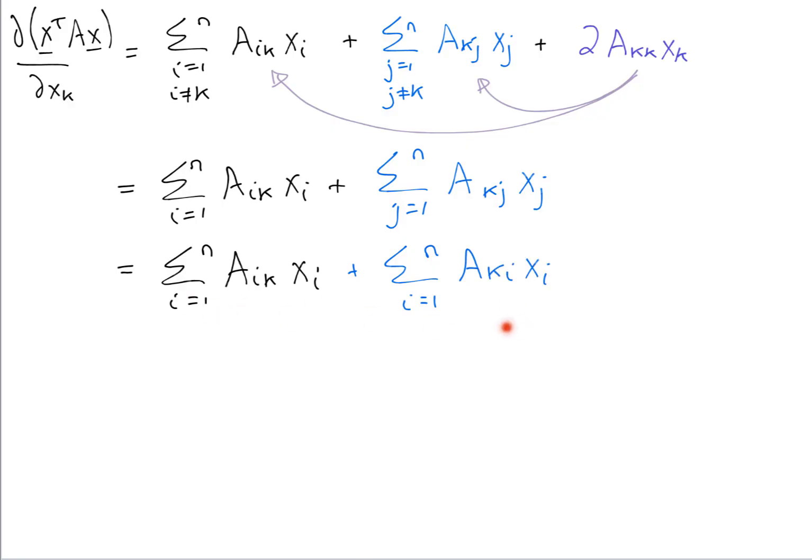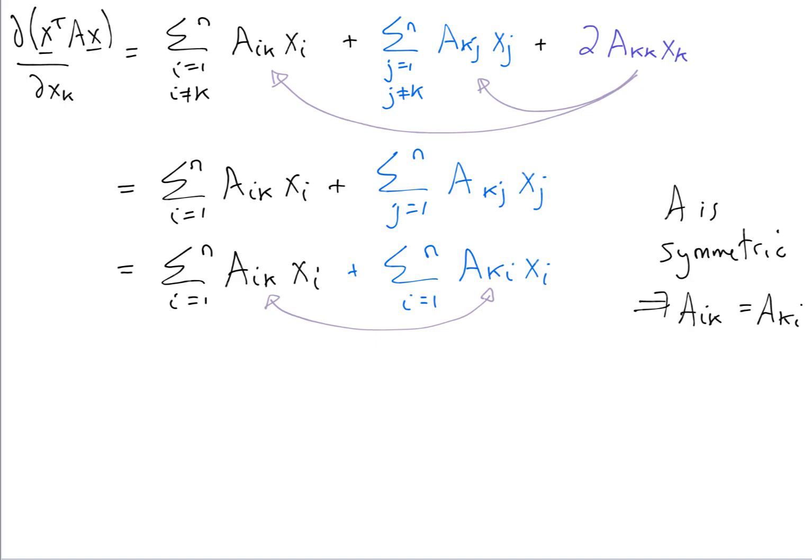And notice that these two are very similar. The only difference is in the order of the two indices of a. Here we have a_ik. Here we have a_ki. So this is the entry ik of the matrix A. This is the entry ki of the matrix A. But recall that A is symmetric, which means a_ik equals a_ki, which means that these two sums are identical.